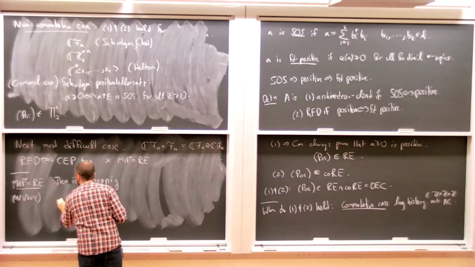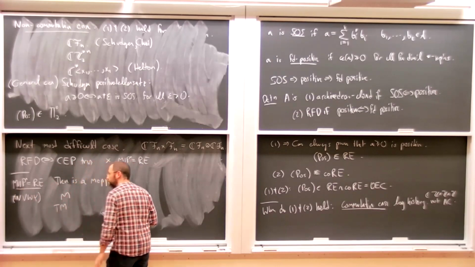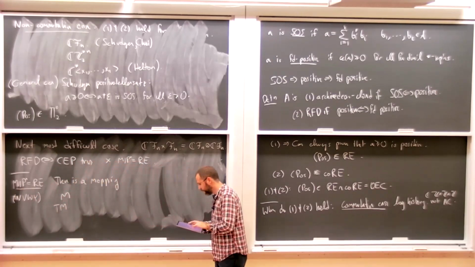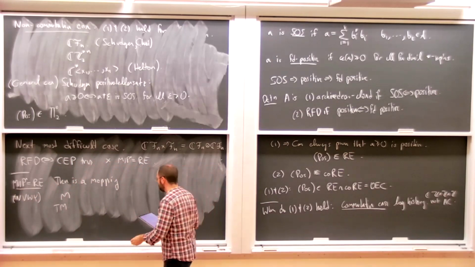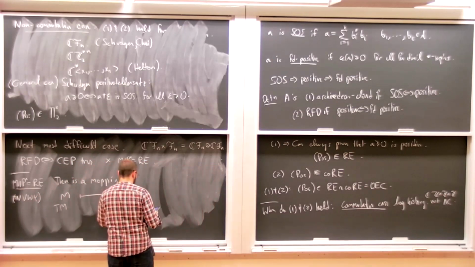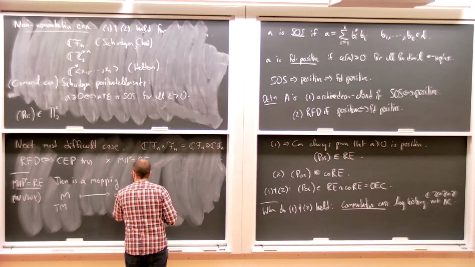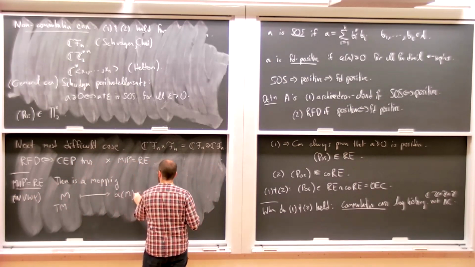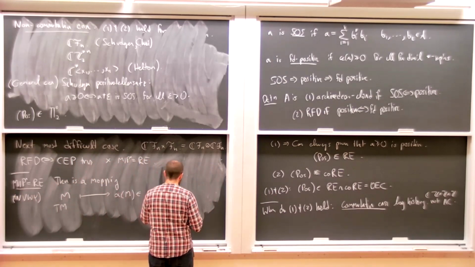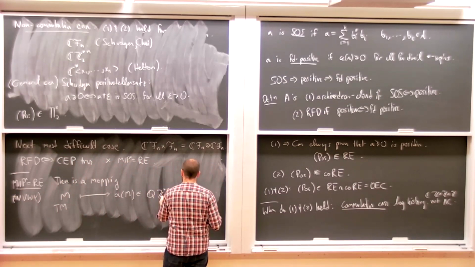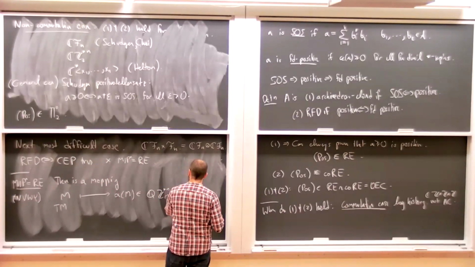This is going to go from Turing machines, but if you don't like that, you can just think of computer programs in some chosen computer language, to elements of Q, Z star N, M, Z star N, M.